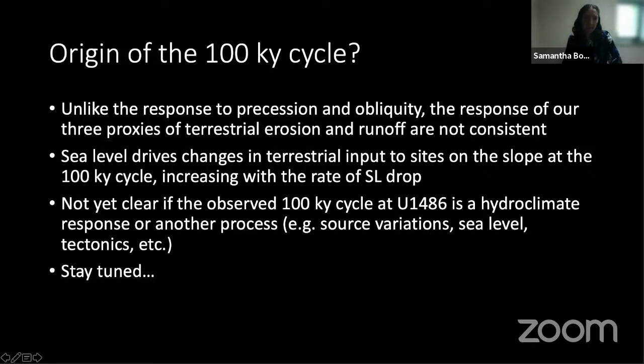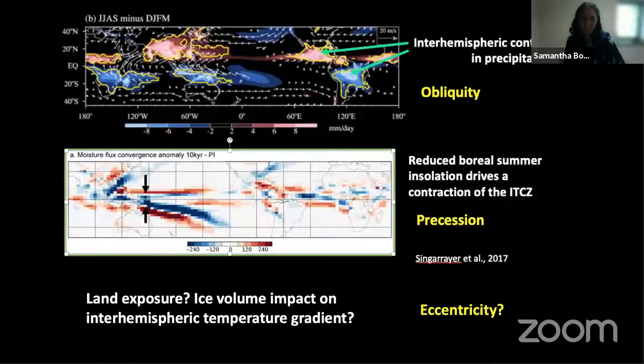So we clearly see that sea level drives changes in terrestrial input to sites that are closer to shore on the slope at 100 kiloyear cycle. But it's not yet clear if the 100 kiloyear cycle we see at 1486 is a hydroclimate response or some combination of other processes. So stay tuned on that front.